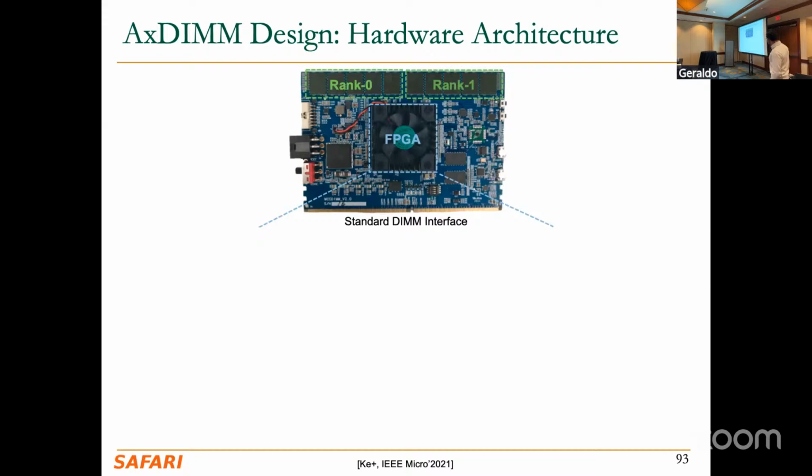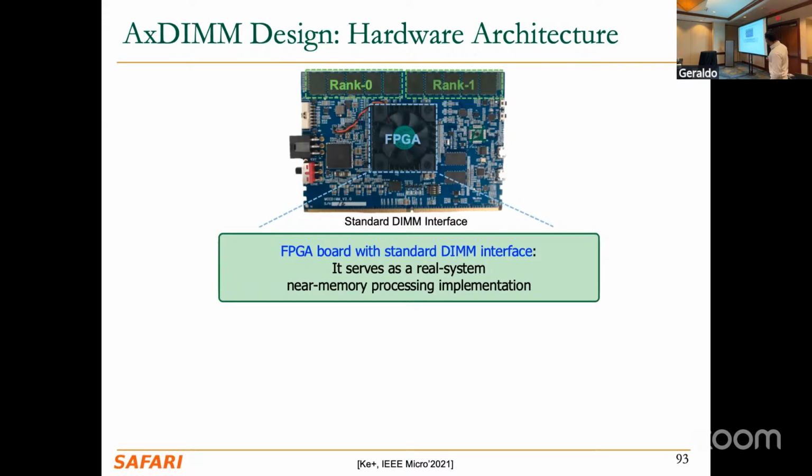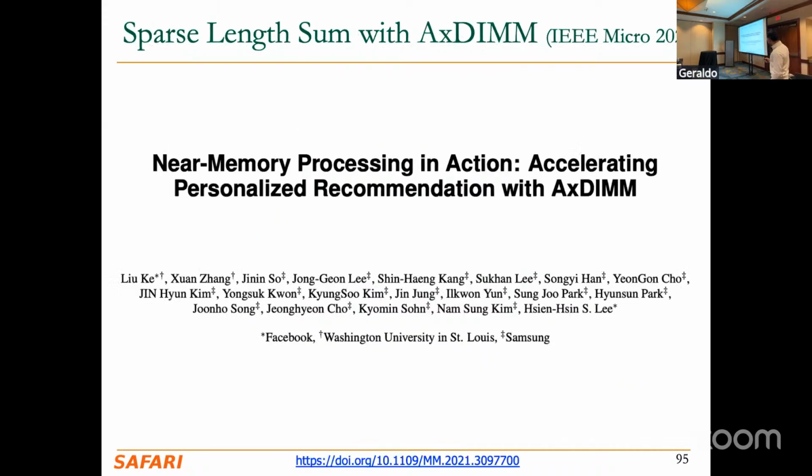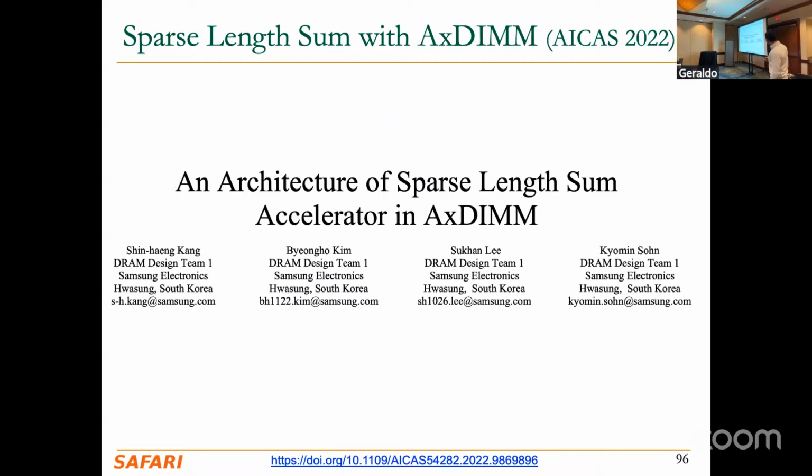We have your chip with a standard DIMM interface, your memory here, 2 ranks per chip, and then an FPGA. Inside this FPGA, they create this architecture for recommendation systems, where they operate the chip in 2 modes, accelerator mode or non-accelerator mode, and what they are doing here is the embedding operations when you're doing recommendation systems. So this was the IXDIMM 1.